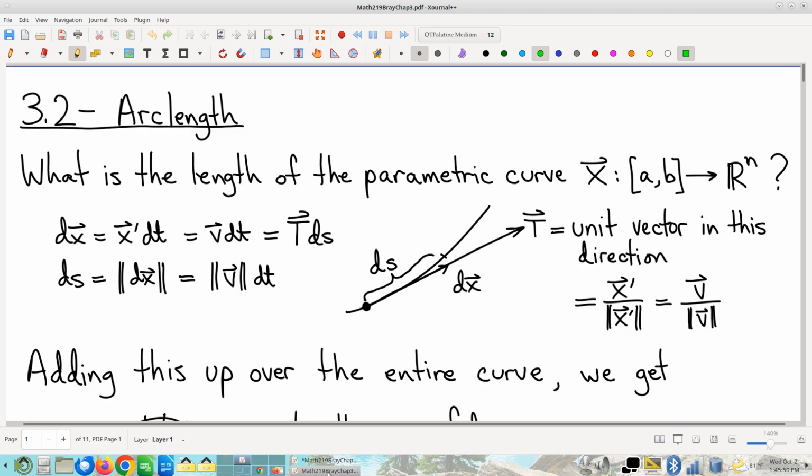So it pertains to a parametric curve. Keep in mind, a parametric curve is position as a function of time. So here we have our parametric curve, and on that parametric curve you can talk about various different things. You can compute the velocity. The velocity is going to be some vector, about like that, let's say.